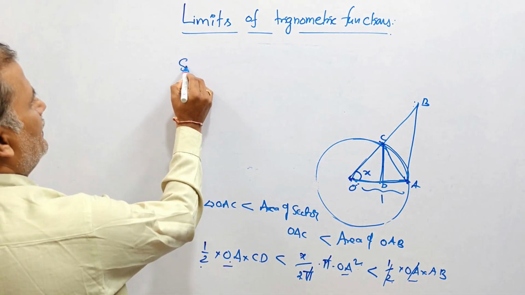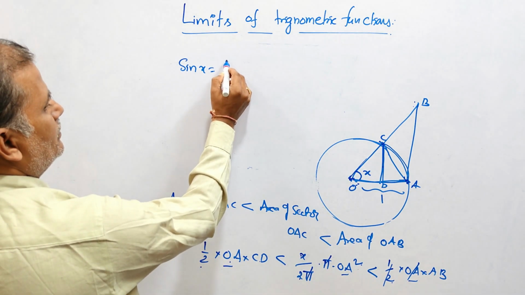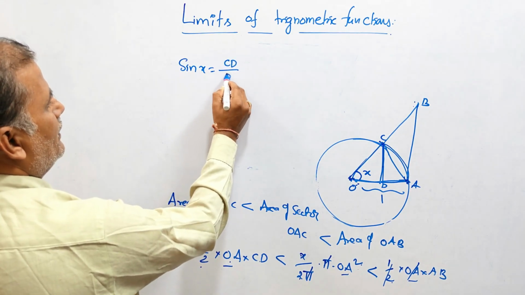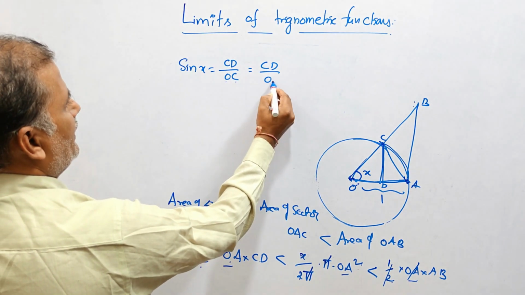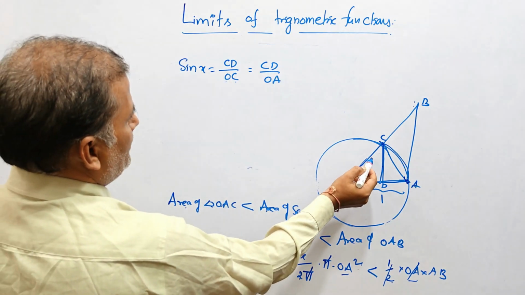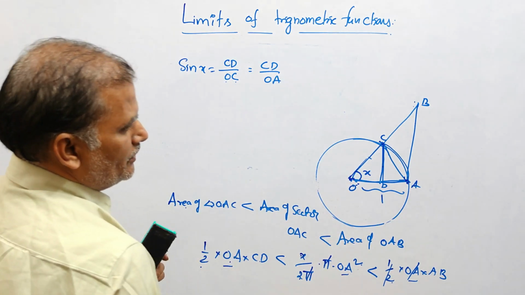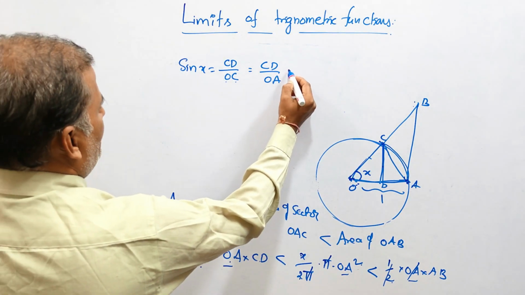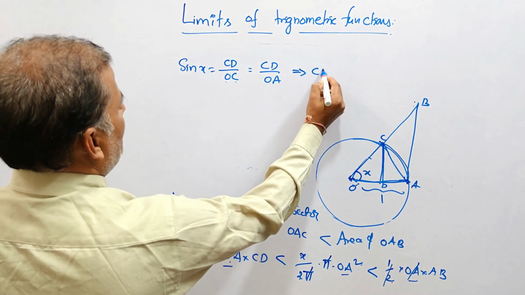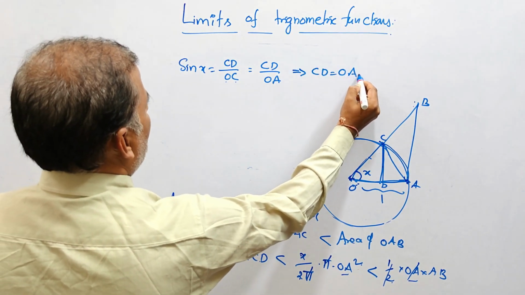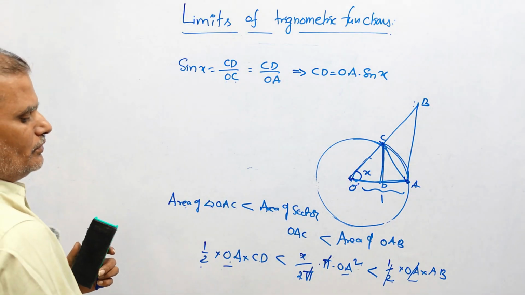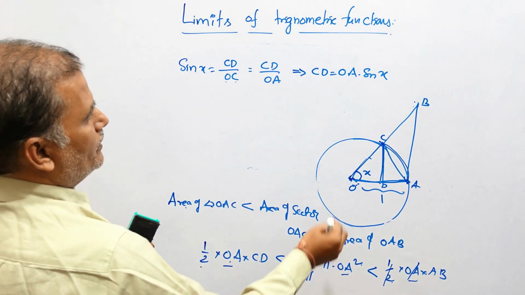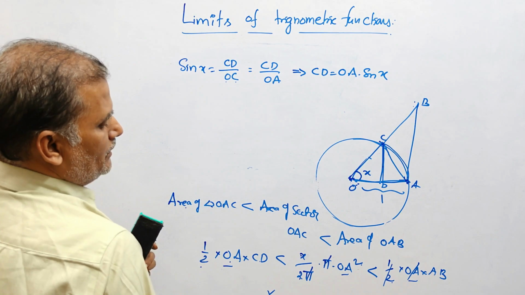From this triangle, sin x is equal to CD by OC. Now CD by OC is nothing but CD by OA, because OA is equal to OC, both radii. Therefore, CD is equal to OA into sin x.